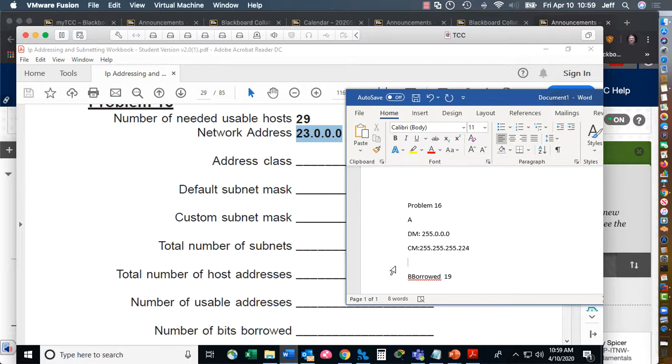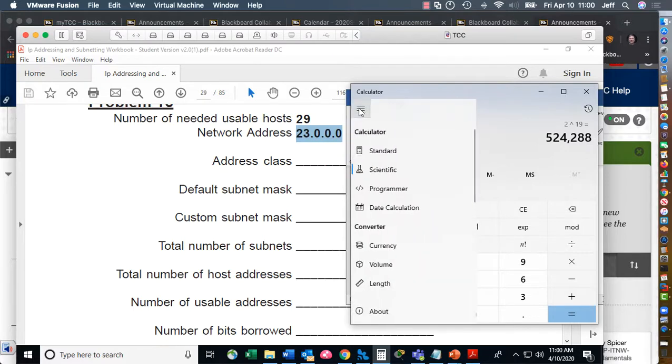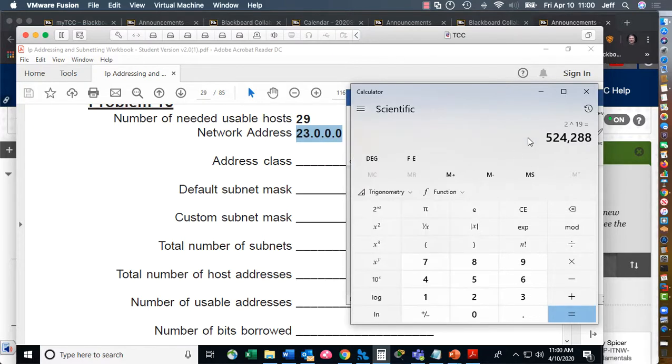All right, so if we borrow 19, total subnets is going to be 2 to the 19th power. 2 to the 19th power is 524,288, right?